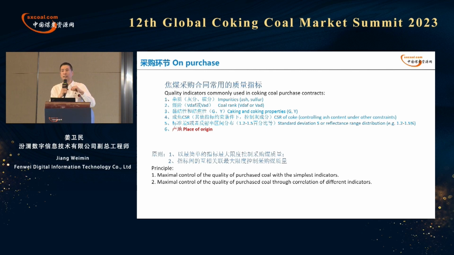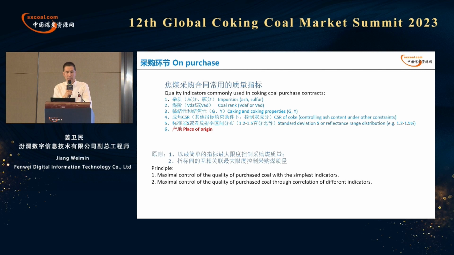99% of the contracts are still using G and Y values, which will tell us about the quality of the coking coal. I'm talking about coking coal. And the third indicator is caking and coking properties.